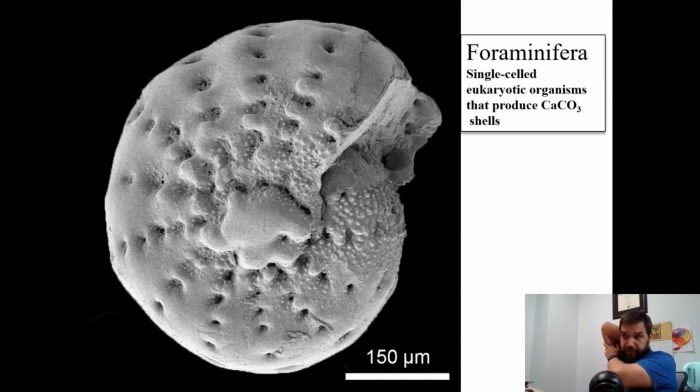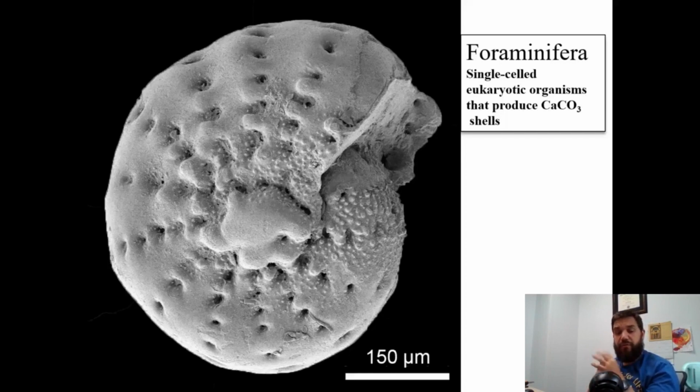So foraminifera are types of warm water organisms. They're eukaryotic, which means they're relatively complex compared to bacteria. They have a nucleus, they have organized organelles and things like that. And they also produce a calcium carbonate shell.